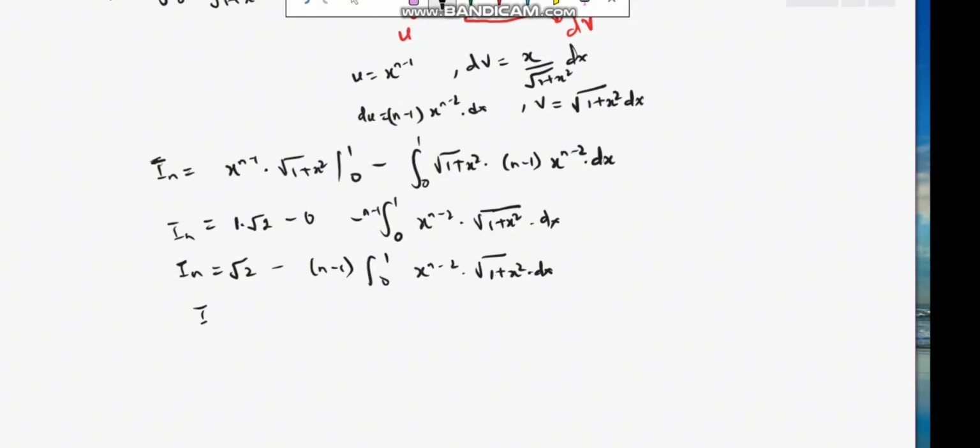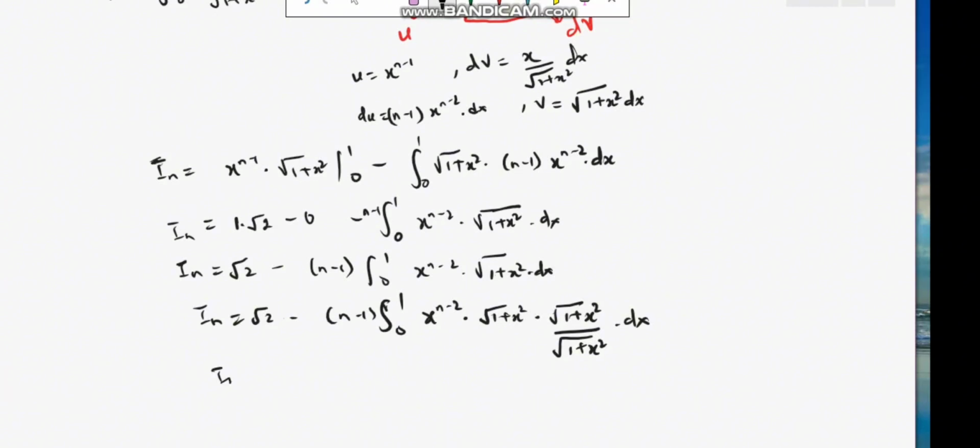So I_n becomes root 2 minus (n minus 1) times the integral from 0 to 1. I'll be doing a manipulation here so that this part of the integral could relate to what we have from the first question, where we have root of 1 plus x squared at the denominator. So it's the same idea, just like rationalizing.